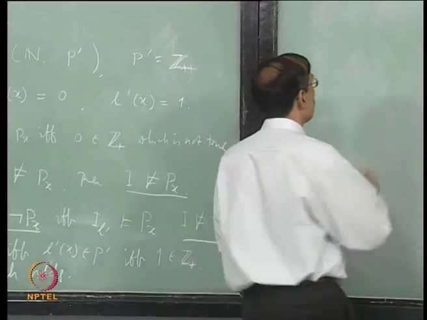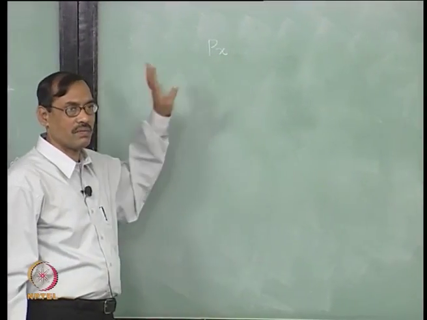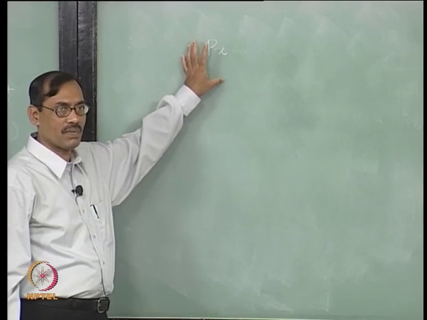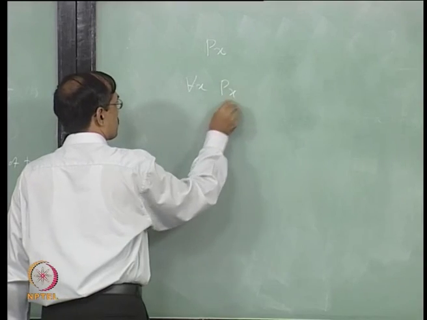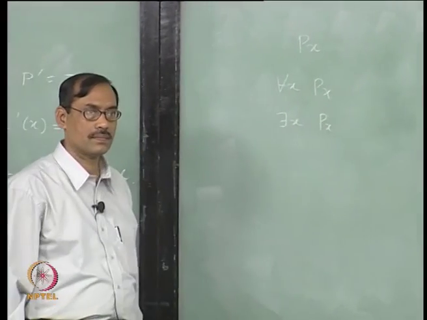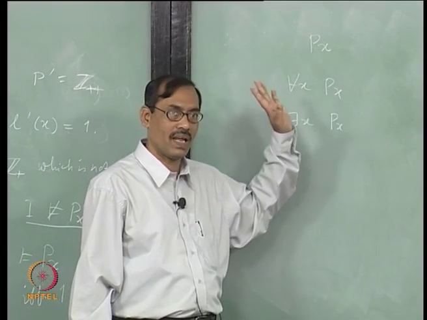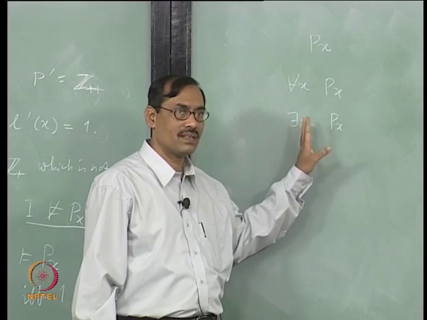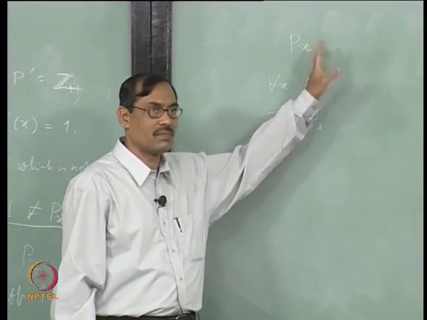See, suppose I have P x, where x is one free variable, this is an open formula. Now, I may consider two sentences. This I can interpret in any domain I like, this also I can interpret as a sentence, but this one is not a sentence, it cannot be interpreted as a sentence.